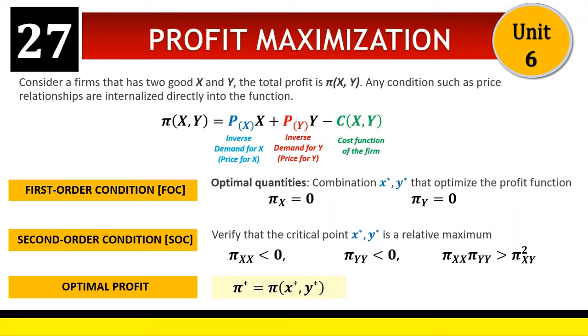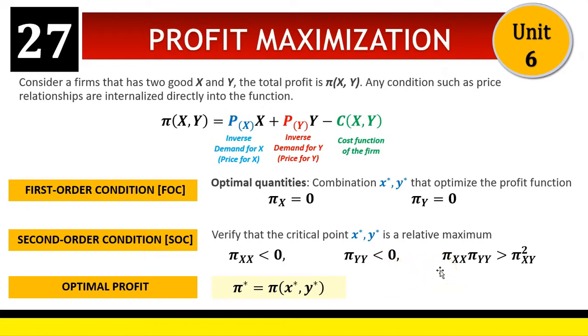Then we go and compute the second order condition, in which we need to verify that the function at that point is concave, to ensure that this point is a relative maximum. To do that, we need to ensure that the second partial derivative of the profit with respect to X and the second partial derivative of profit with respect to Y are both less than 0.